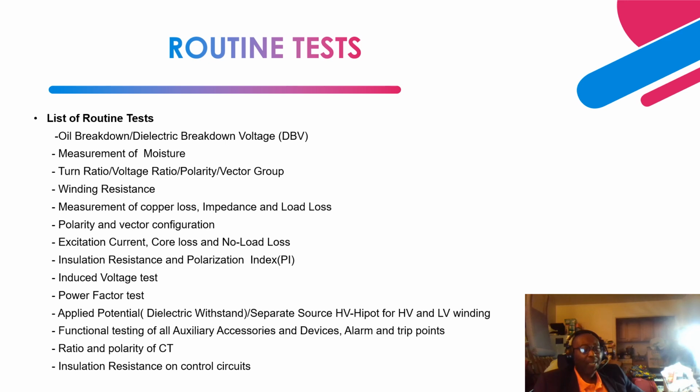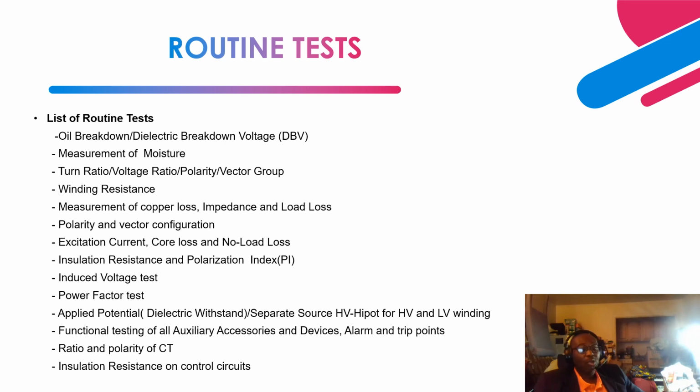Next is winding resistance testing. The winding resistance testing measures and tells us if there are open circuits, turn-to-turn shorts, broken strands, any connection problem between the winding leads and the cable connection to the bottom of the bushing, or a tap changer problem.